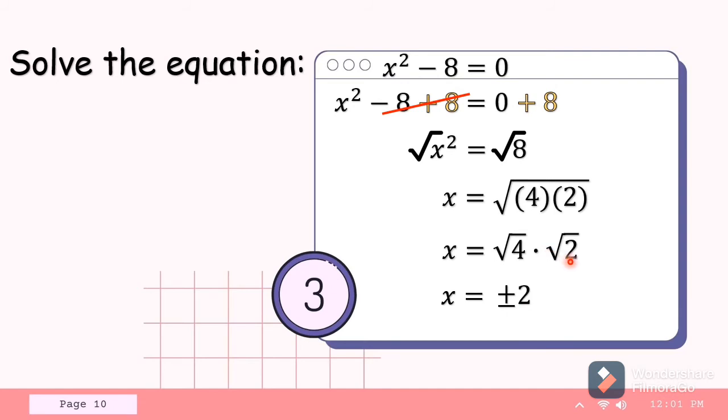While square root of 2, since wala na siyang factor at 2 is not a perfect square, so mararetain siya sa loob ng radical sign. So, for this equation, x squared minus 8 is equal to 0, the solution for that is positive and negative 2 square root of 2. Okay? It's up to you if you will do the checking. Checking is used to determine if your answer is correct.